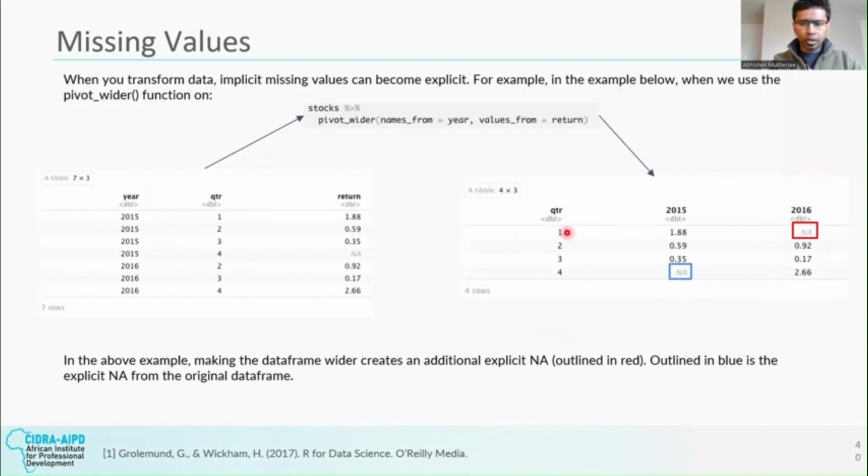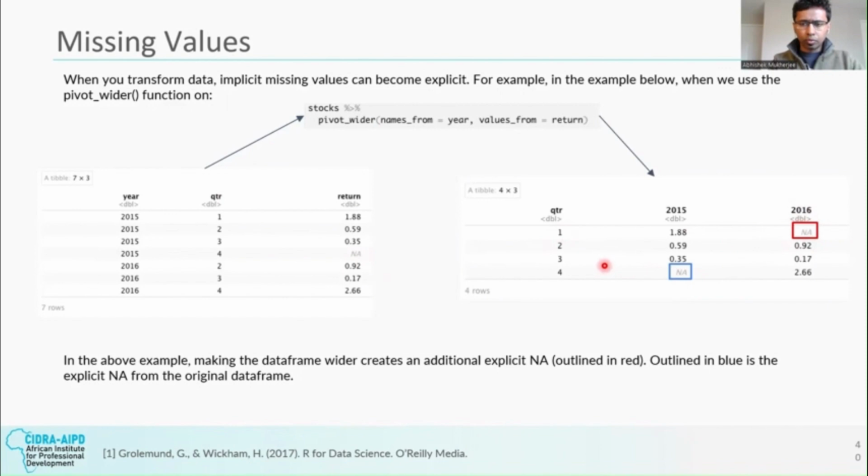Here we can see that this blue outlined NA value is the explicit NA value which we had seen in the previous data frame. This value is present here. But now we can see that for the year 2016, for the first quarter, there is an explicit NA present here.